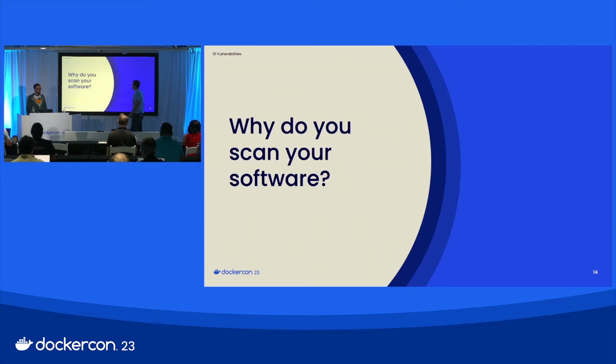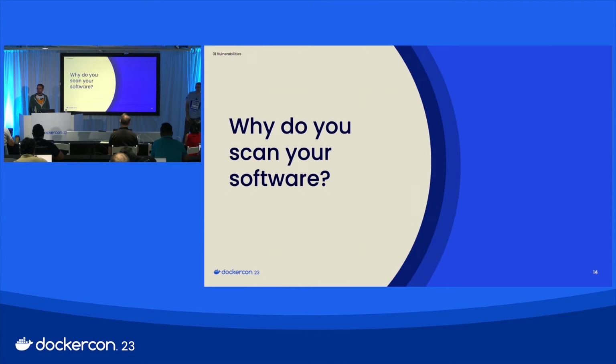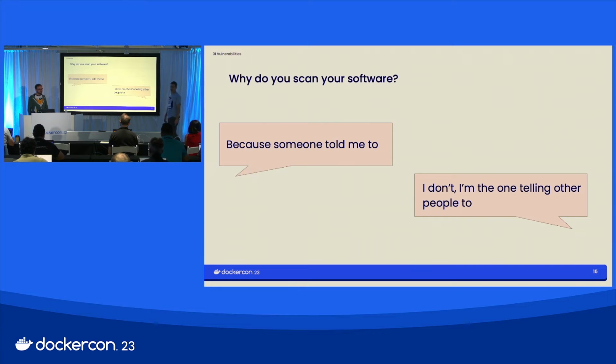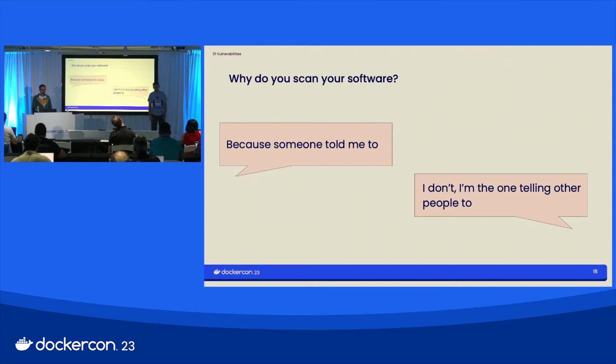And why do we do that? Why do software developers scan your code, scan your software, scan your images, scan your dependencies? Well, usually it's because someone told you to, right? You had some security review, you were going for SOC 2 certification, and somebody needed to put some policy together about how you're securing your software.